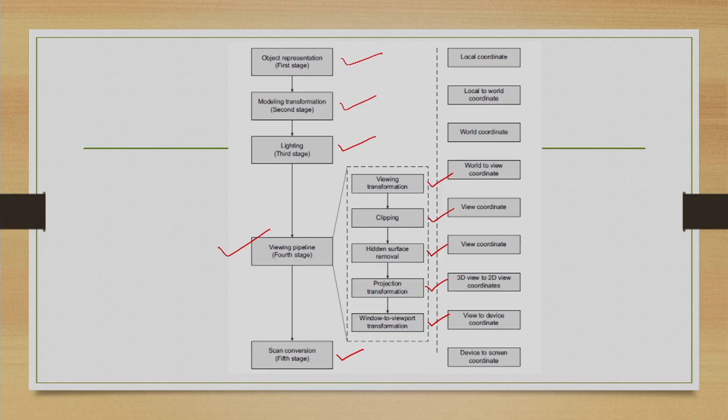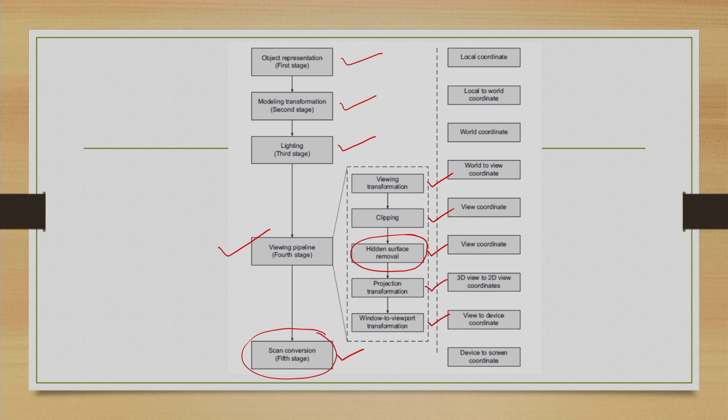Like hidden surface removal may come after scan conversion, although we are discussing it as before scan conversion. So, this sequence is not a strict requirement. The basic concepts are what matters the most.